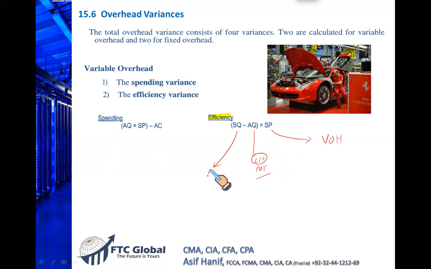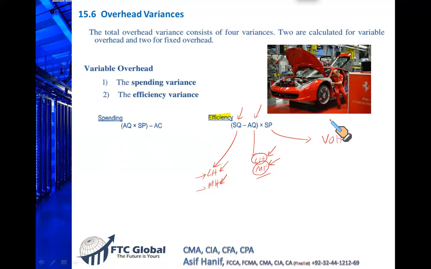SQ would be the labor hours that you should have used. Actual labor hours, standard labor hours. Let's say if you use machine hours, how many machine hours you actually used, how many machine hours you should have used as per the standard, right? So SQ and AQ would be the difference between what you actually use for labor hours and machine hours and what you should have used for labor and machine hours. And SP is clearly the variable overhead absorption rate.